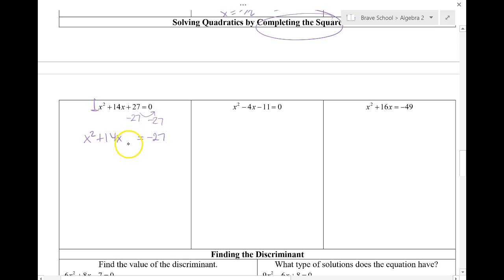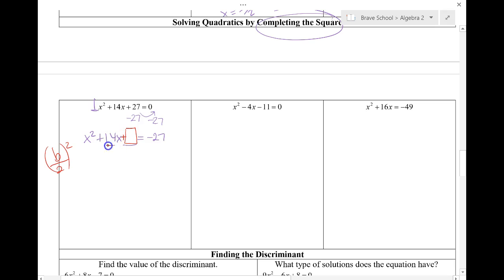Now the number you're going to put here is going to be equal to b over 2, all that squared. So I'm going to put a box here, and you're going to add whatever that number is. What goes in there is b over 2 squared.